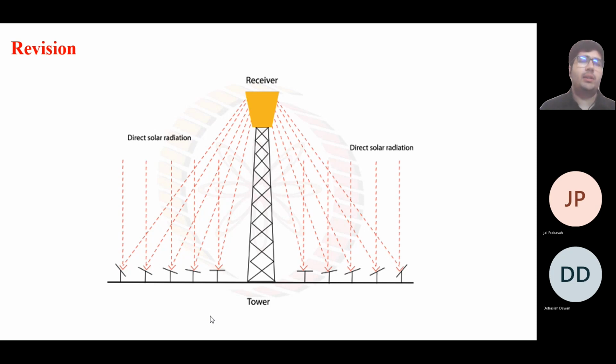At the tower, we put a receiver, and in the surrounding area we put, at different angles, some mirrors or surfaces that can reflect the incident solar radiation. They are placed so that all these mirrors reflect the rays directly to a particular point only.